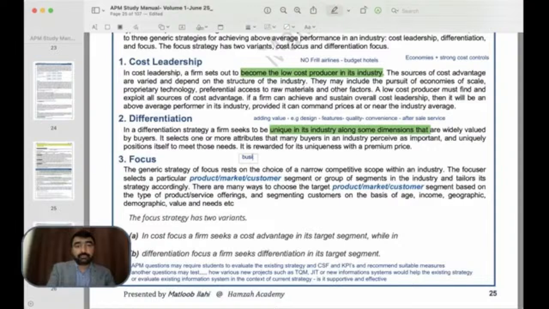Businesses will need to choose their information and performance measurement and management systems based on their strategy selection, or their choice of strategy.